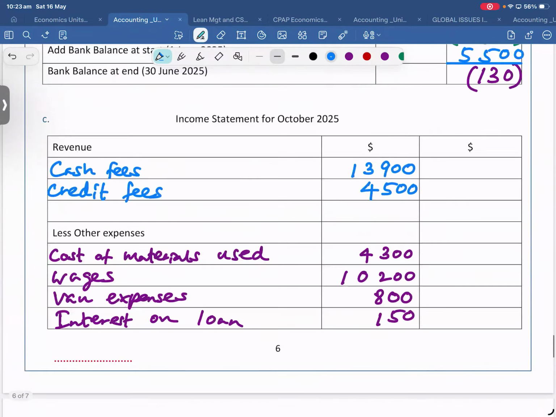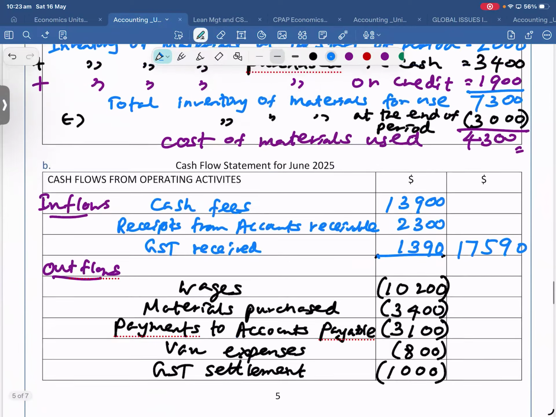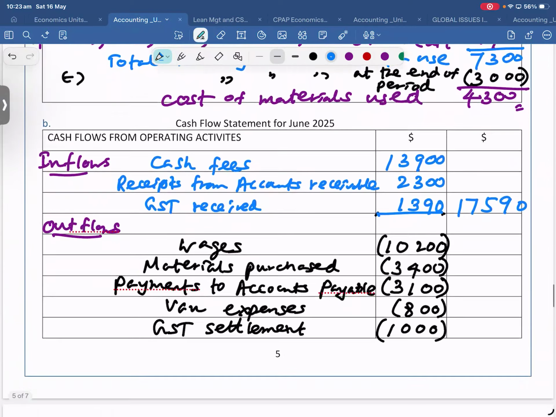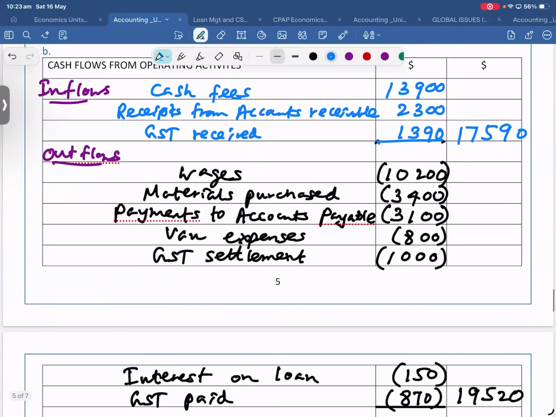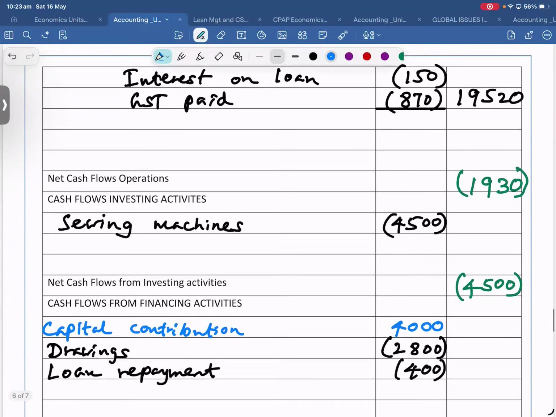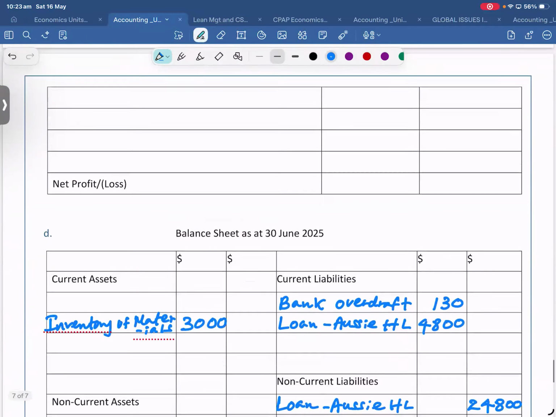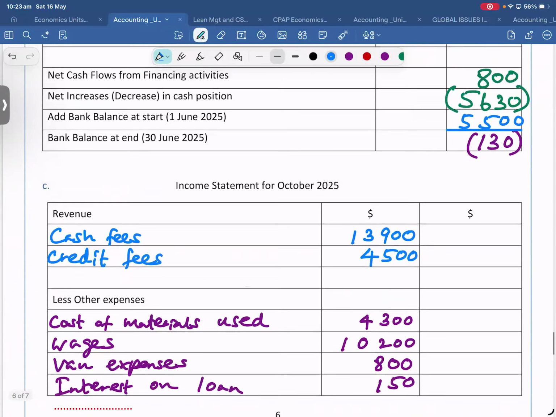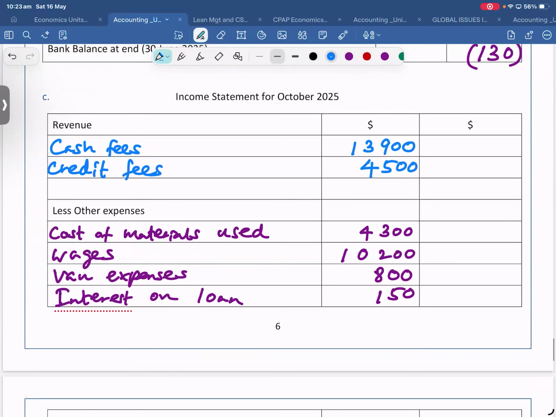Okay, next one. We are done now with the income statement. Now we can calculate the net profit or loss. Shall we do it?